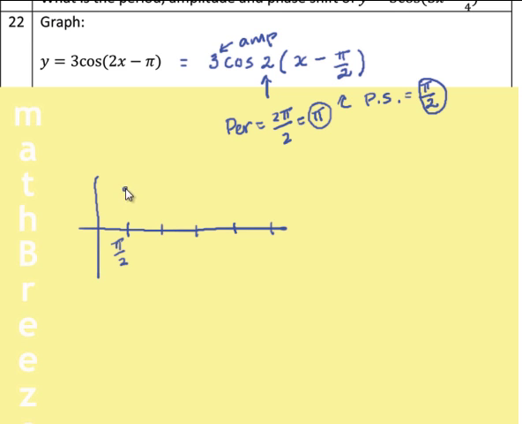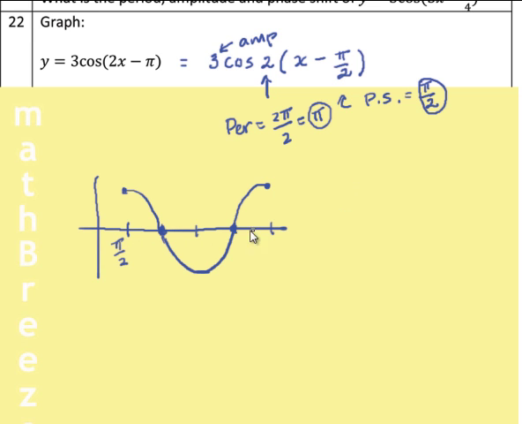That'll help me draw my graph. So for the cosine graph, we'll intersect the axis after 1/4 of a full period, and then it goes down in the middle. All right, again intersects and up. So there's the basic cosine shape.